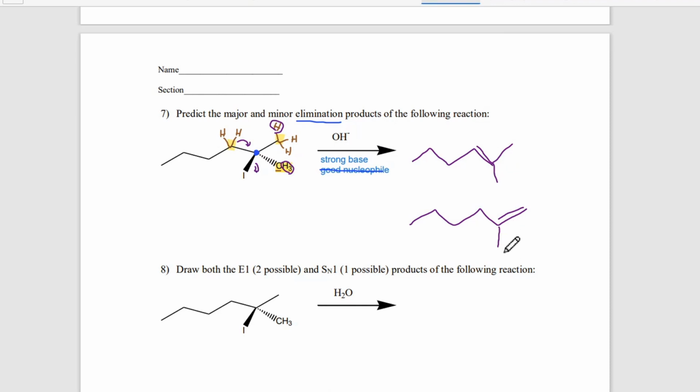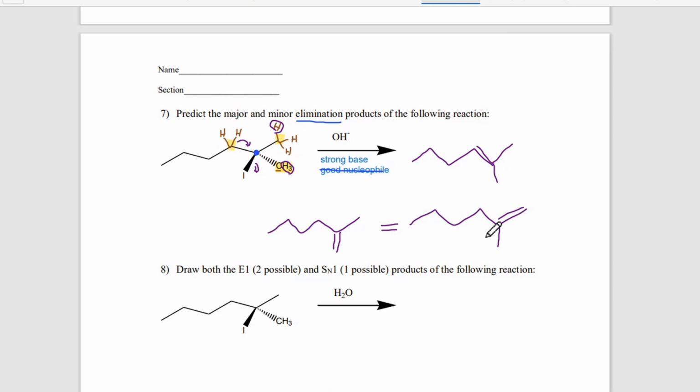In either case, and I'll draw it to make it totally clear why it's the same, these two are essentially equal to each other because it would still be 2-methyl-1-hexene.